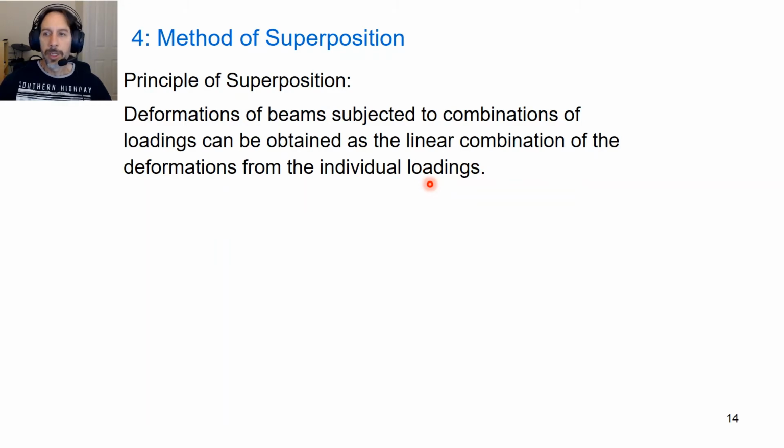The principle of superposition simply says that if you have 2 loadings, you can work out the deflection and slope from one loading, and then work out the deflection and slope for the other loading, and you just add them together.